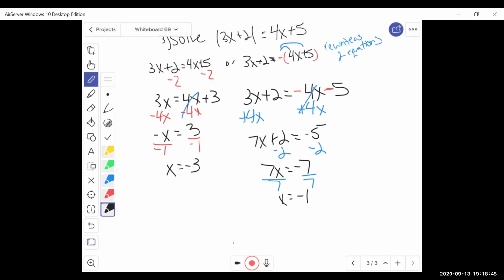So let's check this. And again, you can check it by either plugging it into the equation, or we can graph. So let's go to Desmos, because I think visually graphing helps us in a variety of ways. So go back to a Desmos graphing calculator.